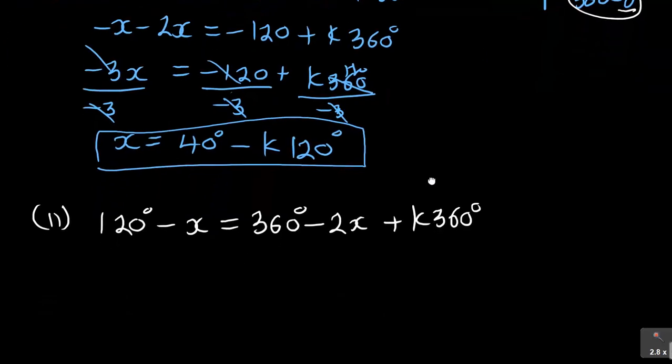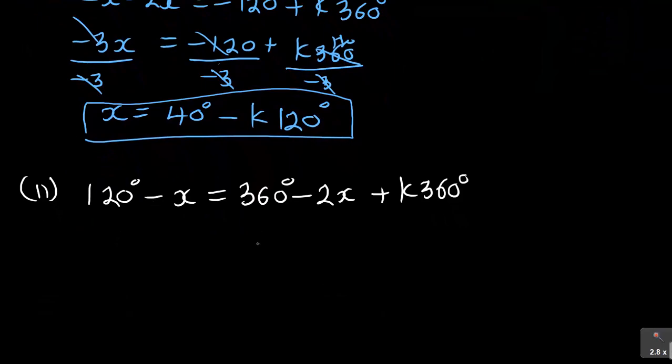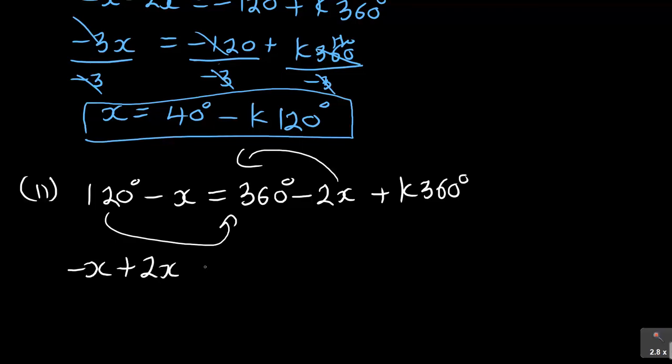You see that? When you simplify this further, now the 2x jumps this side, the 120 goes that side, so it's minus x plus 2x is equal to 360 degrees minus 120 degrees, as you can see, plus k 360 degrees.